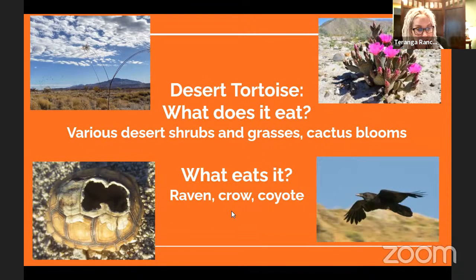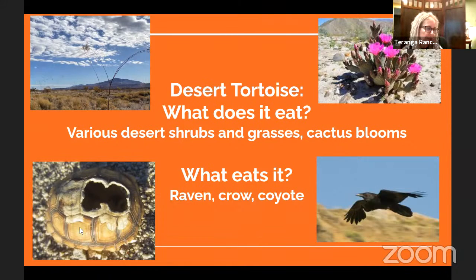Now what eats it? Well, ravens, crows, and coyotes. But there are not actually as many predators for the tortoise as you would think. That shell actually does provide them a lot of protection. If there are raccoons, there are not a lot of raccoons in the desert, but where there are raccoons, they will try. And you can see here, you see this shell?